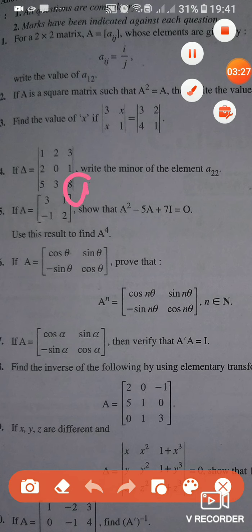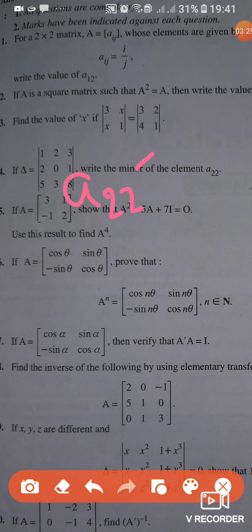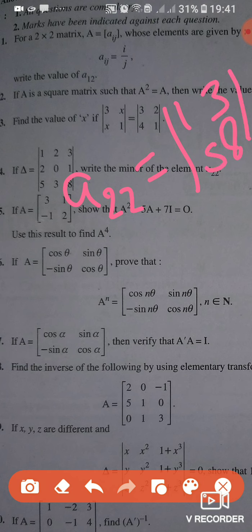So the minor of A22 is 1, 3, 5, 8, which is 8 minus 15 equal to minus 7.